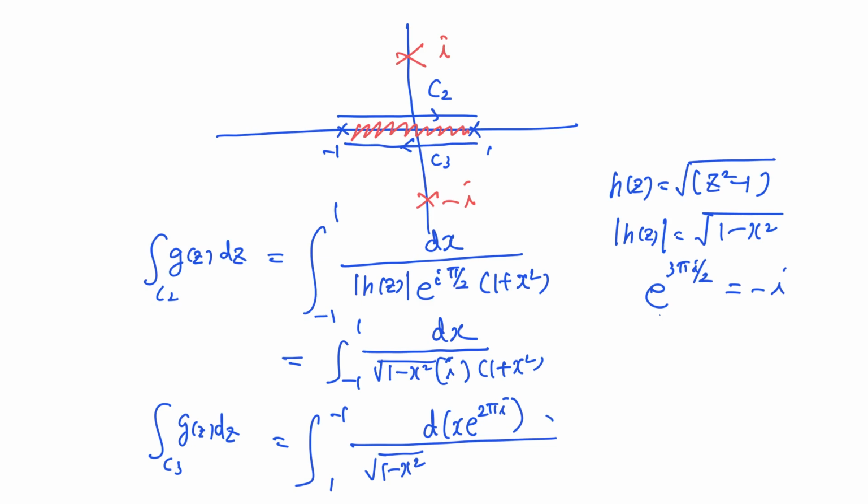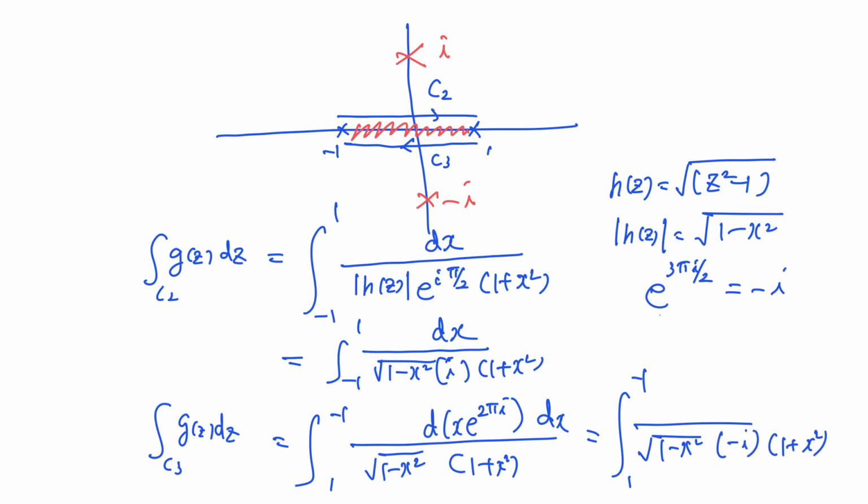So dx is from 1 to minus 1, square root of 1 minus x squared over minus i times 1 plus x squared, dx.